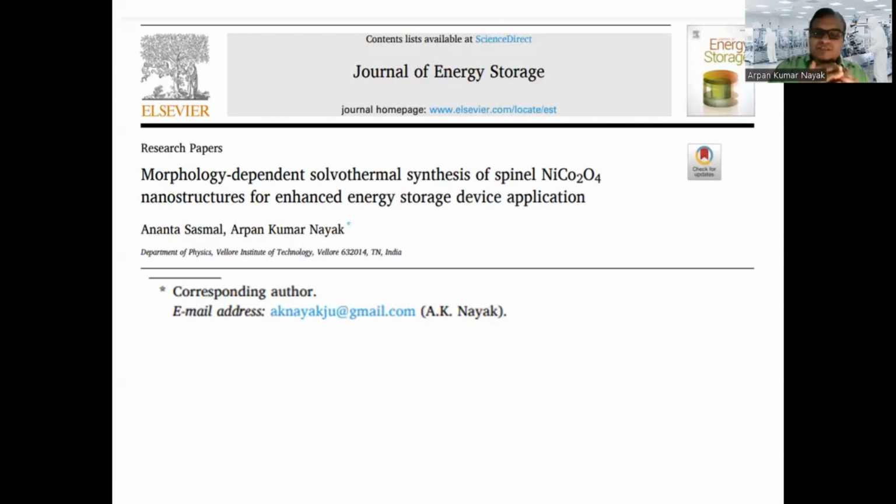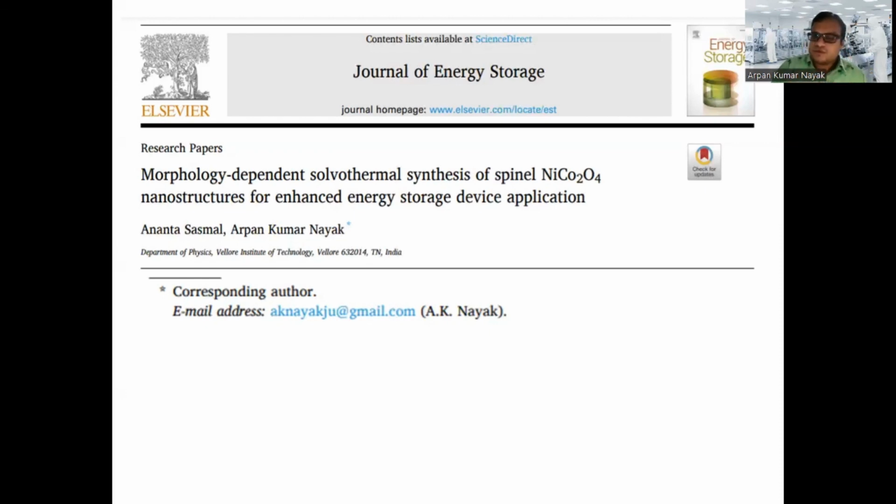So this is the structure, nickel cobaltite. So whoever does research on NiCo2O4, when they type the subject, like they start research for NiCo2O4 in Google Scholar, then this paper will come up as a keyword.